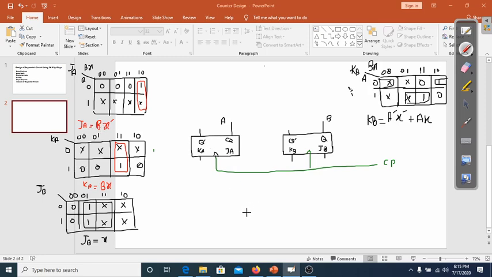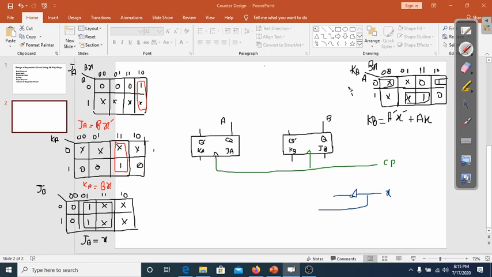So I have to use some external input, which is X here. This is X and this is X complement.